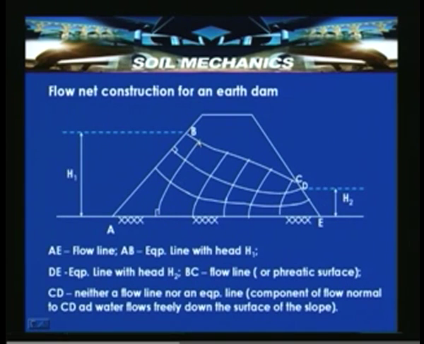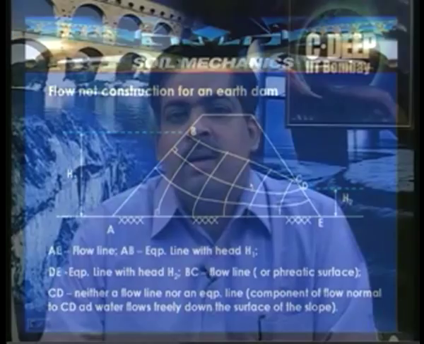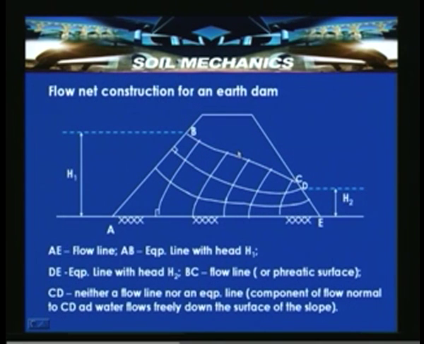where the upstream water level and the downstream water level, particularly at the toe, exist. So, here if you see this being a flow line, you can see that these equipotential drops are drawn perpendicular, orthogonal to the flow line. If this happens to be H1 minus H2, then divided by the number of equipotential drops, we will get that delta H, the drop which occurs between two consecutive equipotential lines.